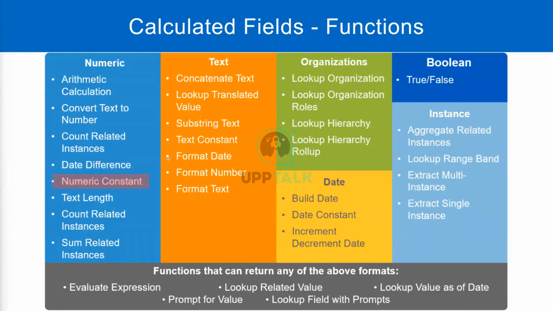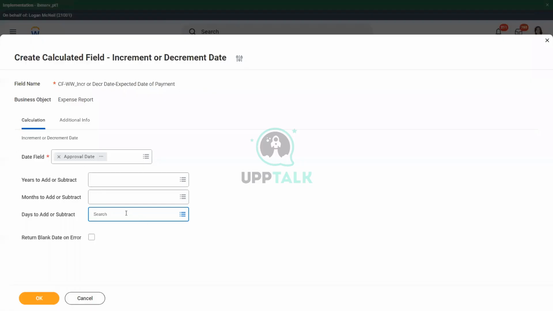We use numeric constants for some of these calculations, and sometimes also for, let's say, the year, the month, the date. It will always return a fixed constant number every time you use it in a calculation. Got it.